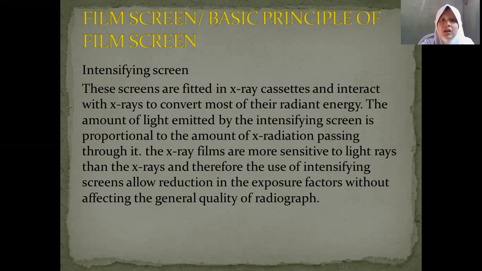The X-ray films are more sensitive to light rays than X-rays. Therefore, the use of the intensifying screen allows a reduction in the exposure factor without affecting the general quality of the radiograph.